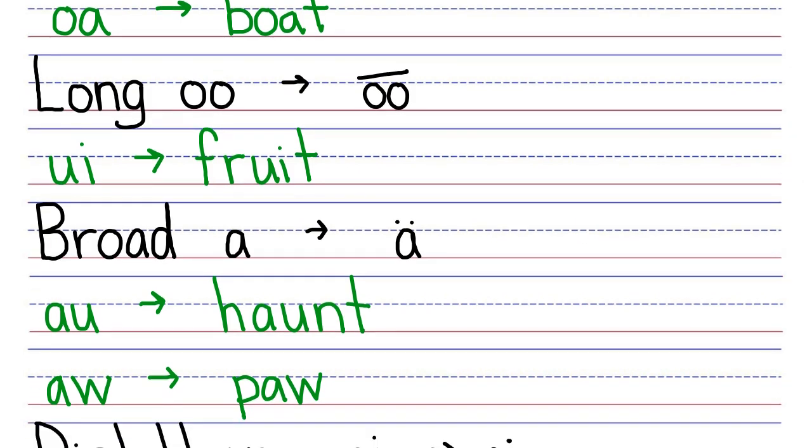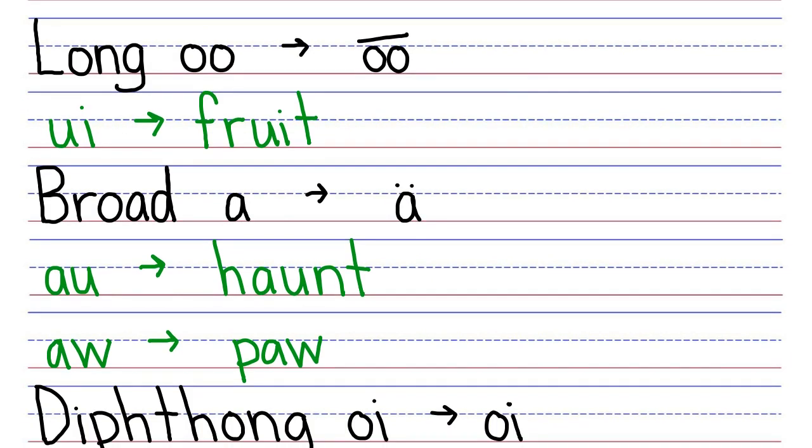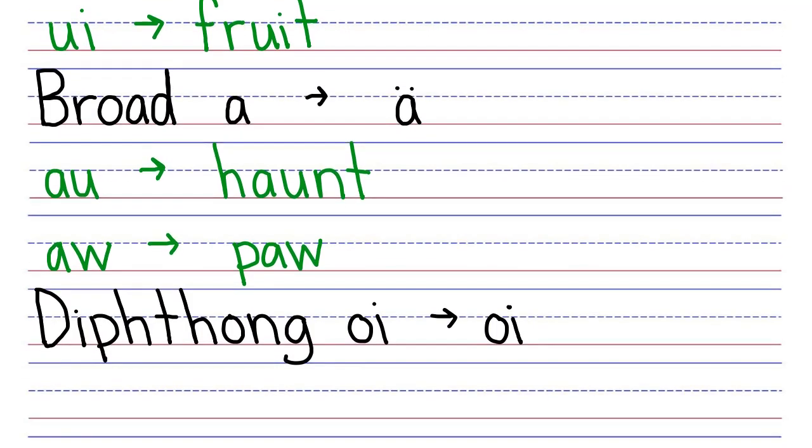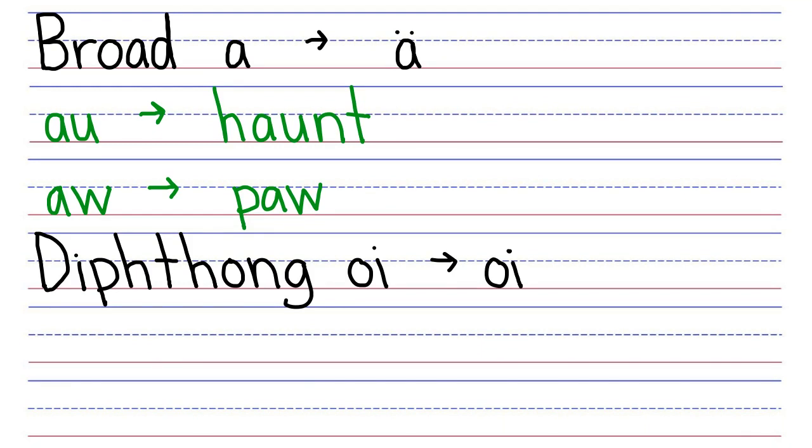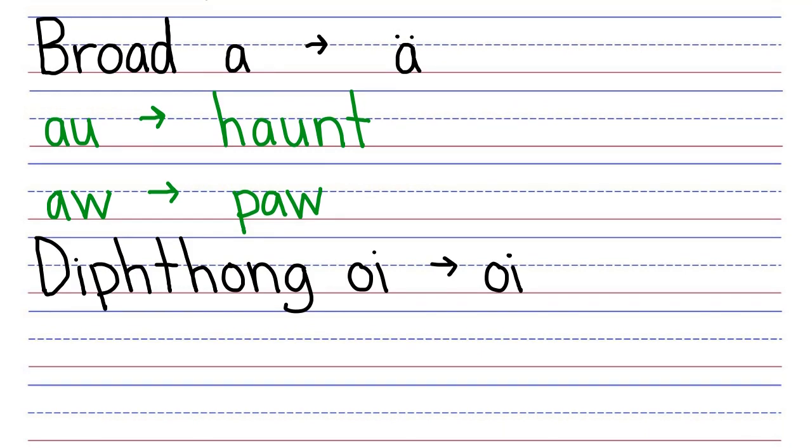Now let's look at the diphthong oi. We have 2 multi-letter vowel phonograms for this sound. We have OI. This is 2-letter oi that may not be used at the end of English words because English words don't end in I. An example would be foil.